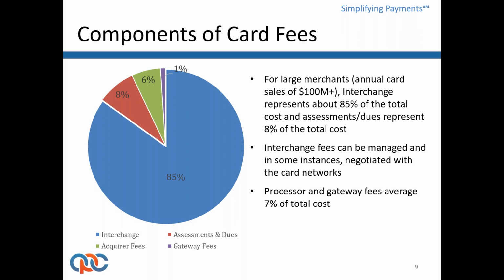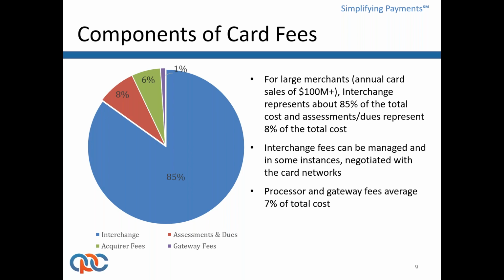Number three is the fees that go to your acquirer or your payment processor. I'll be using the terms acquirer, merchant processor, and payment processor interchangeably, because for the most part, they mean the same thing. And then the fourth component, if it's relevant in your environment, is the gateway, where you're paying gateway fees.